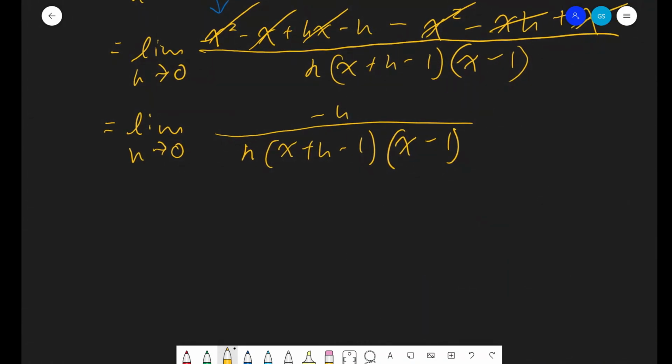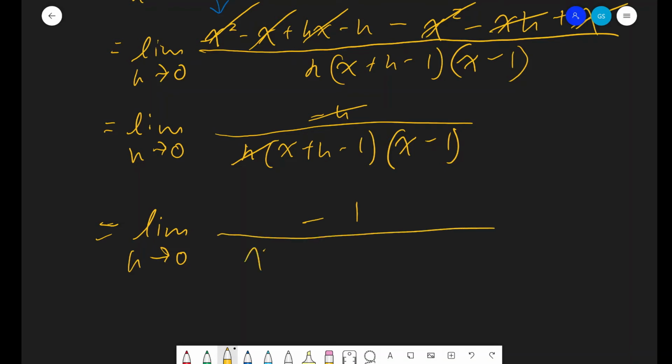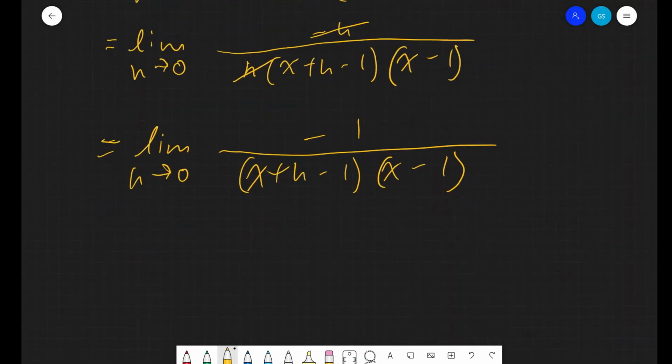Now we can just do some canceling out here with our h terms. So the limit of h approaching 0, these guys cancel out. You get negative 1 over x plus h minus 1, x minus 1. And now we just plug in 0 for h.